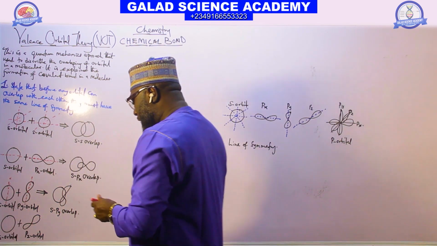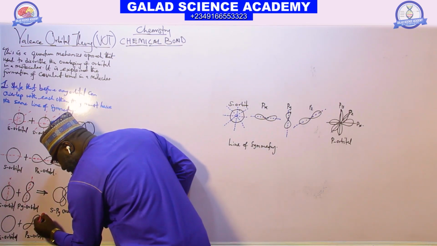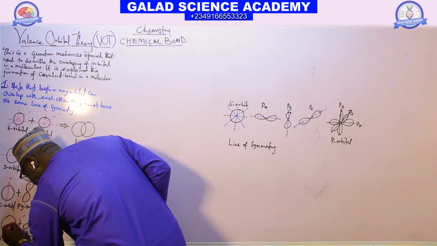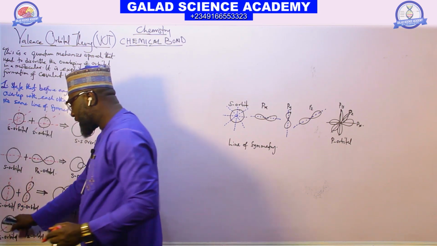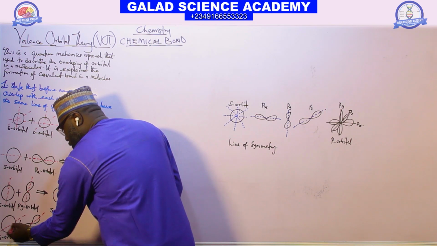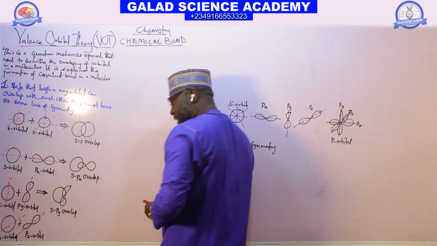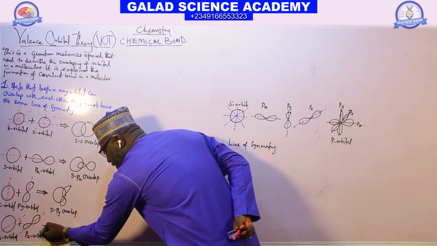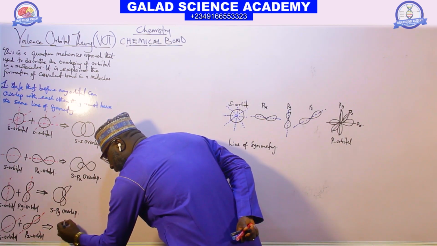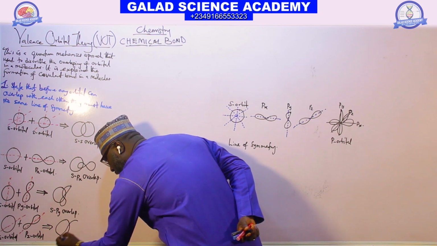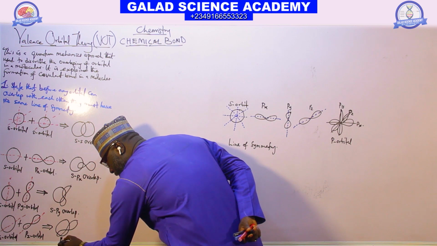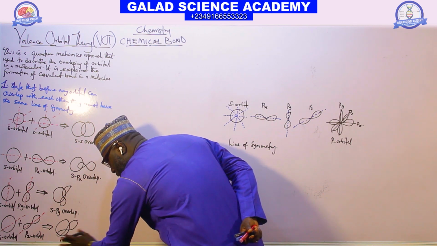Check the line of symmetry for Pz. If you bend it like this again, it also divides S into two equal parts. Since they have the same line of symmetry, we can also have it in this form. S orbital overlaps slightly with Pz.